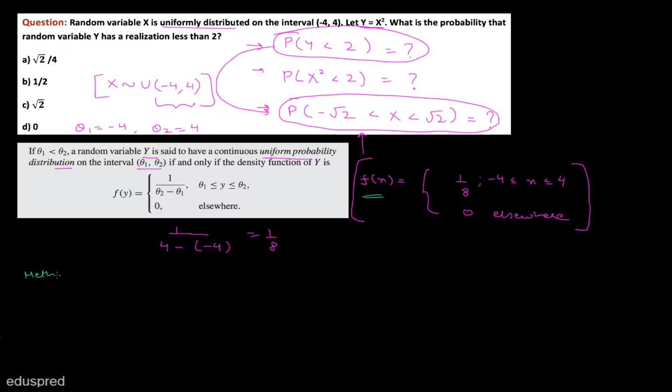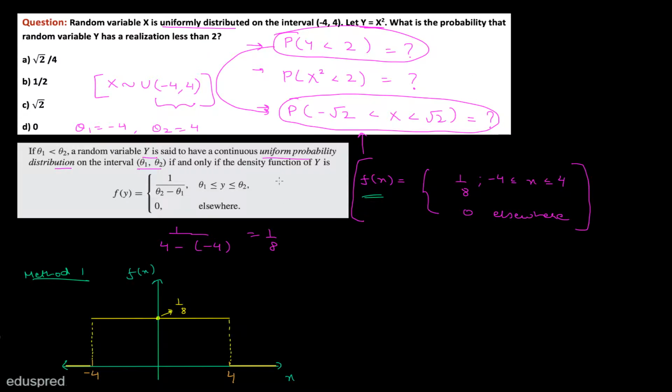Method number 1 is a graphical method where we are going to draw the figure of f of x. So this is how the figure for f of x looks. f of x is equal to 1 divided by 8 for values of x between -4 and 4. Now we have to figure out the probability that x is between -√2 and √2.